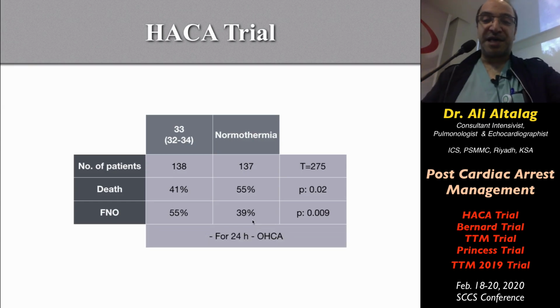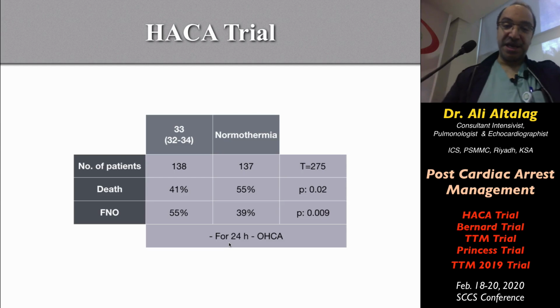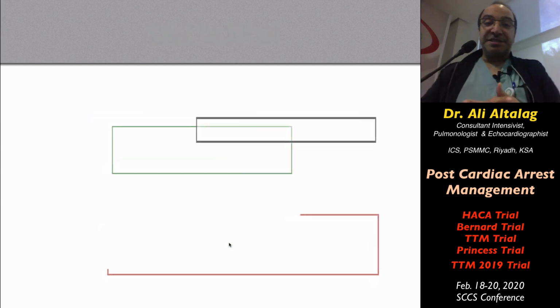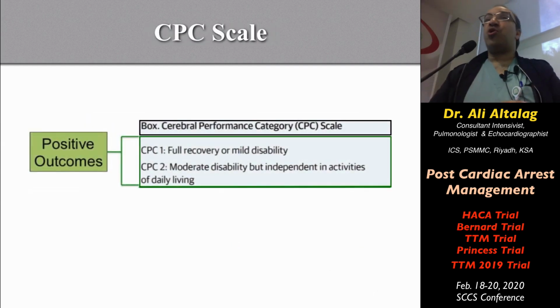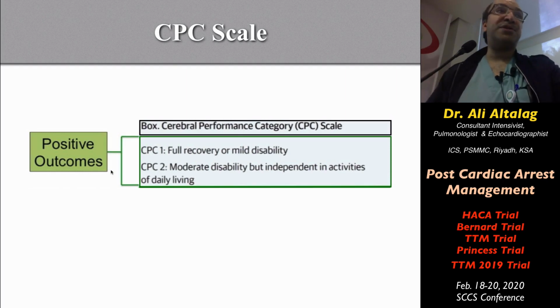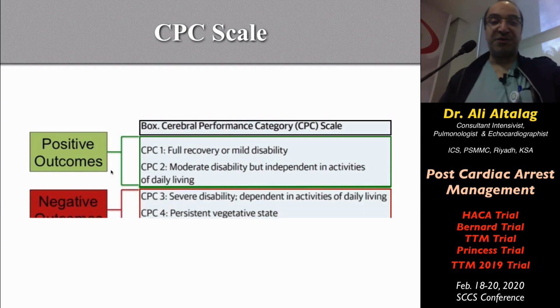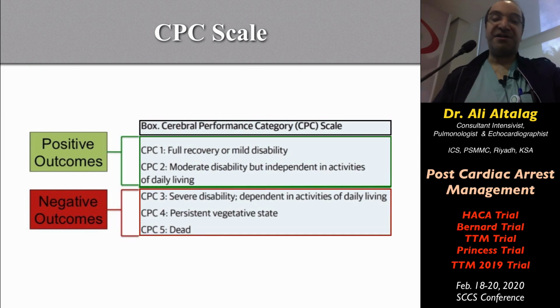So, in fact, this is out-of-hospital cardiac arrest, and the hypothermia was applied for 24 hours only. And they chose for favorable neurological outcome in all the studies that I'm going to mention from now on the CPC scale, which is the cerebral performance category. CPC 1 and CPC 2 are considered to be good or positive outcome, while 3, 4, and 5 are negative outcomes.